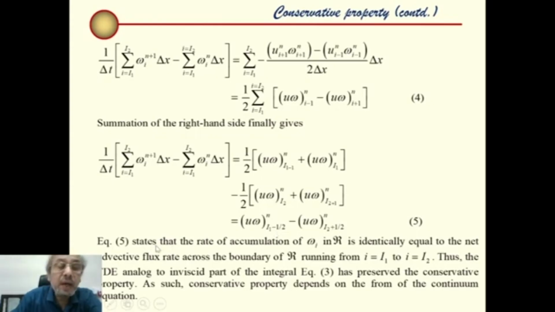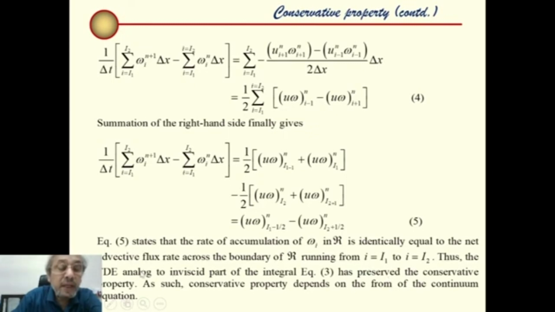So equation 5 states that the rate of accumulation of omega I in R is identically equal to the net advective flux rate across the boundary of R running from I equal to I1 to I2.